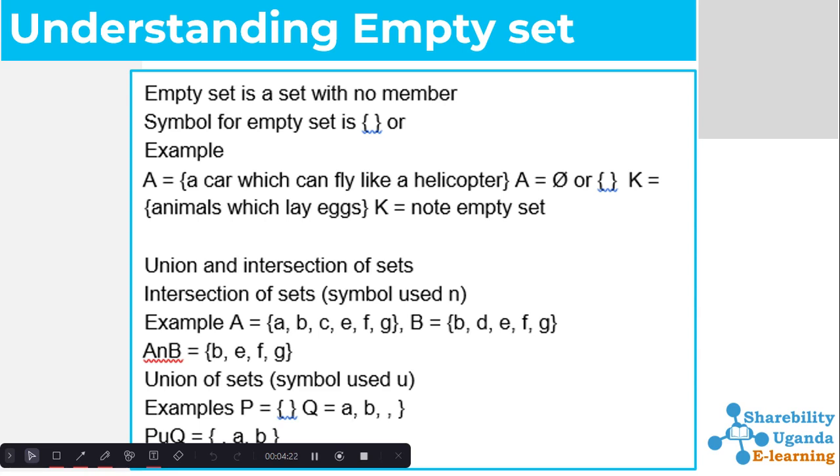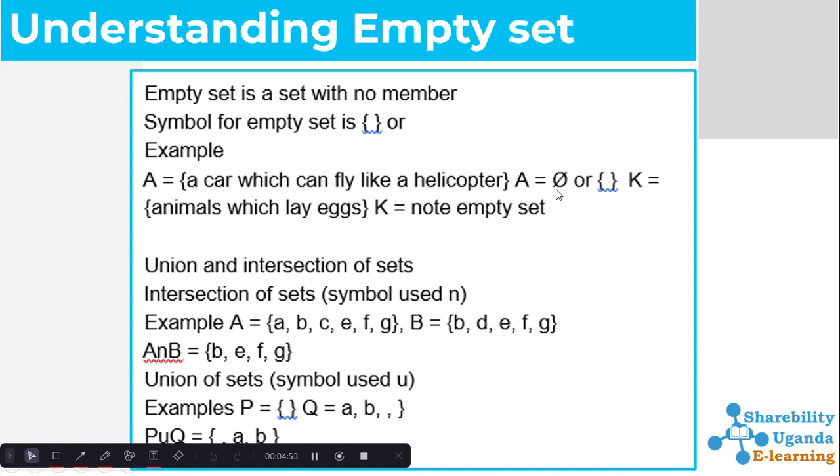If there's someone who has ever moved in it, at least raise a hand, and I can see you. So in real life we see there is nothing like a car flying like a helicopter. That means we shall identify this set as an empty set.